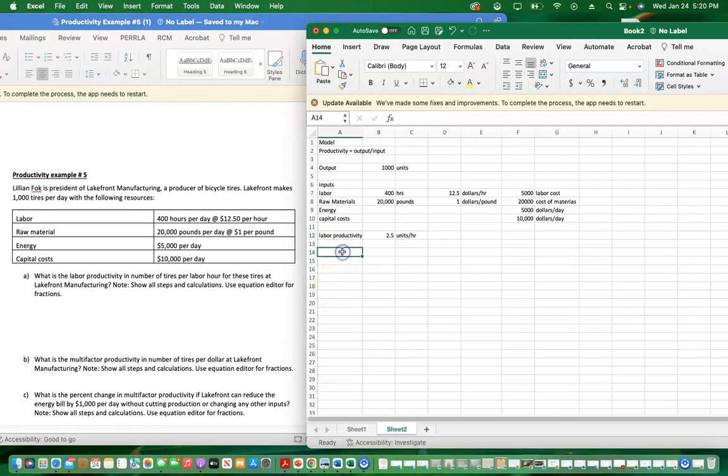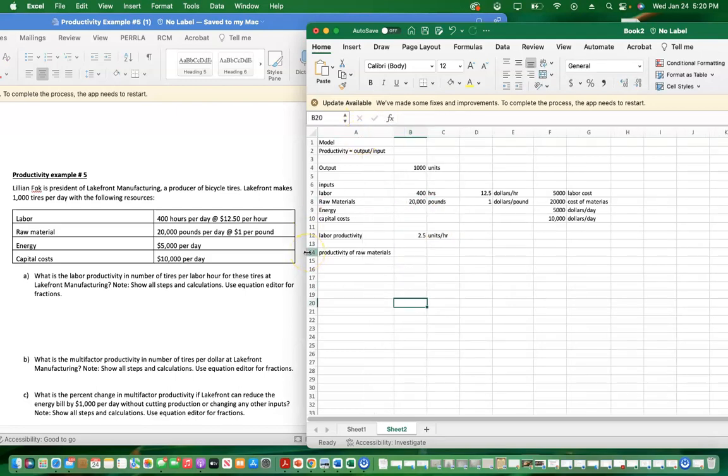And let me find productivity of raw materials. You are not asked to do this, but I'm just going to add it for your understanding. So in this case, instead of using raw materials units or items, I'm going to consider the cost of raw materials.